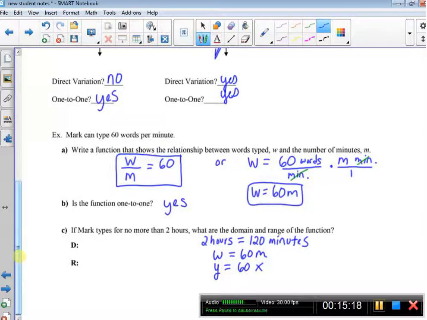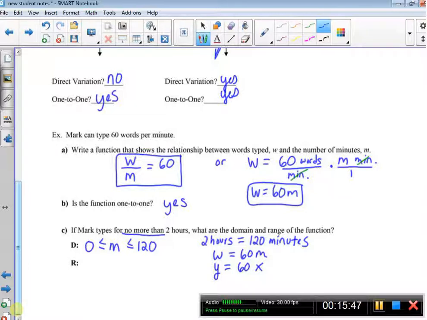So our domain is the possible minutes. Well, he could work 0 minutes up to 120 minutes because it said no more than. So the domain would be 0 is less than or equal to m, which stands for minutes, less than or equal to 120.